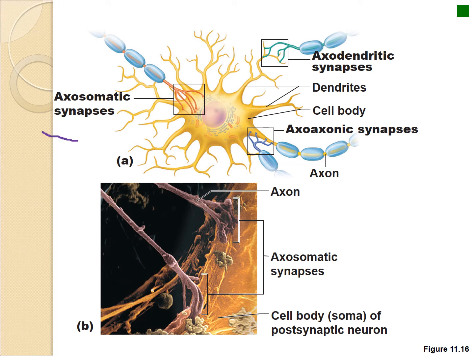There's three ways. What's called axosomatic. That means the axon of one nerve, the terminus area, is touching the body. That's what soma means, of a nerve cell. Why do you want to do this? It's just a way to do it. It's a very rapid communication.